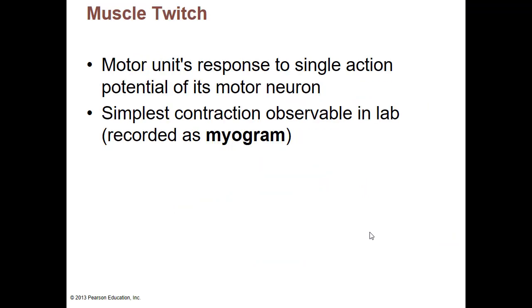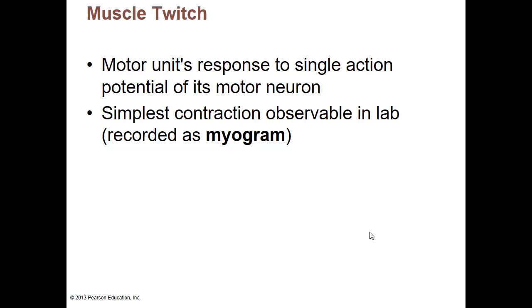Now, when we talk about muscle contraction, we talk about it as a twitch. It just means your muscle's response: one motor unit, one single neuron, and the little muscle fibers that it controls. So if you have one little bit of action potential that controls just that one motor unit, yes, just those muscle fibers will contract.